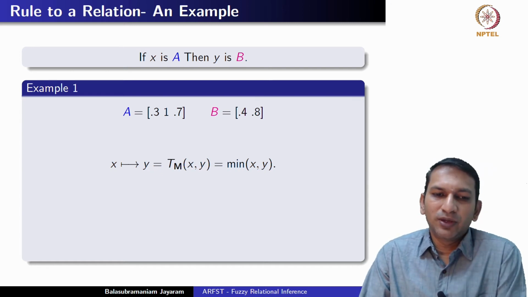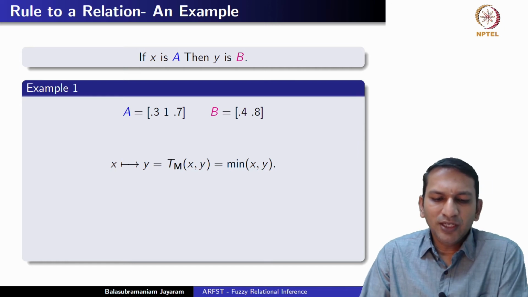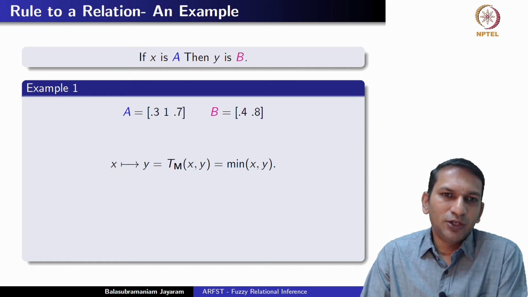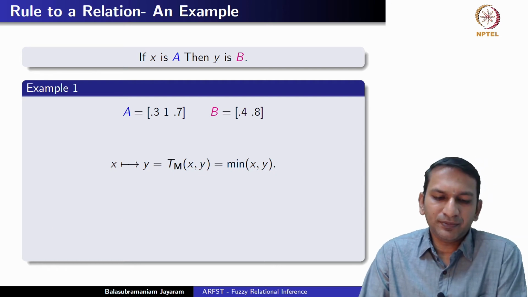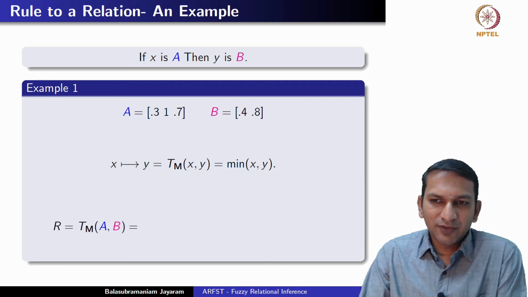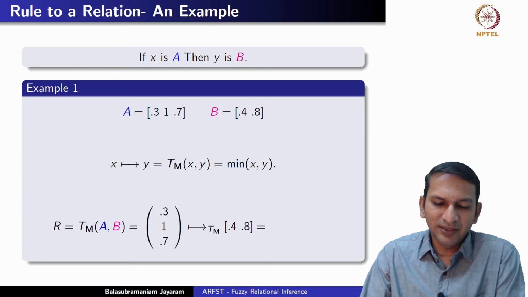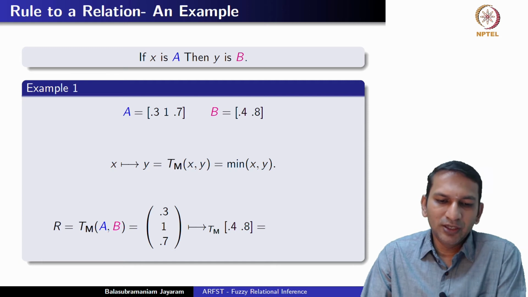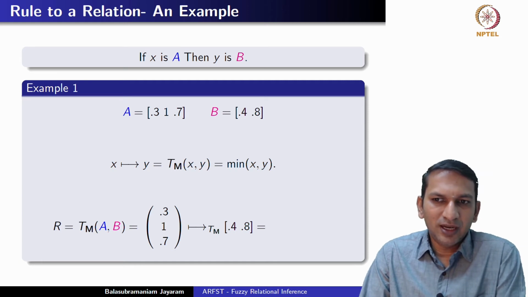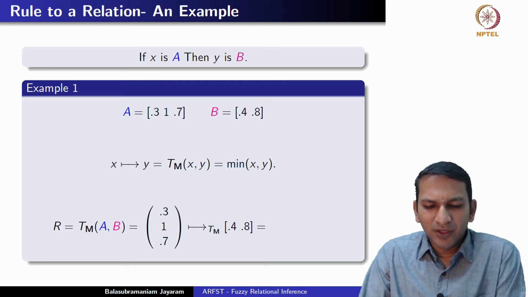Let's look at only the calculations part of it. So let's use the minimum T-norm to construct a fuzzy relation from this given rule. So R is constructed from A and B using minimum. As I said, it's an outer product. So you take A transpose and B as such, and instead of applying product, we are applying the minimum T-norm.